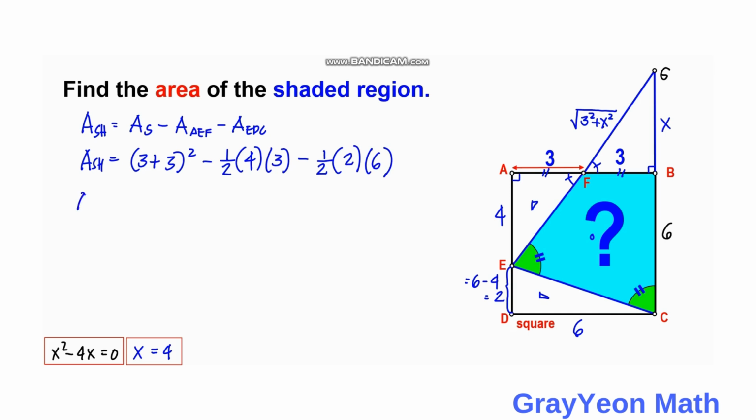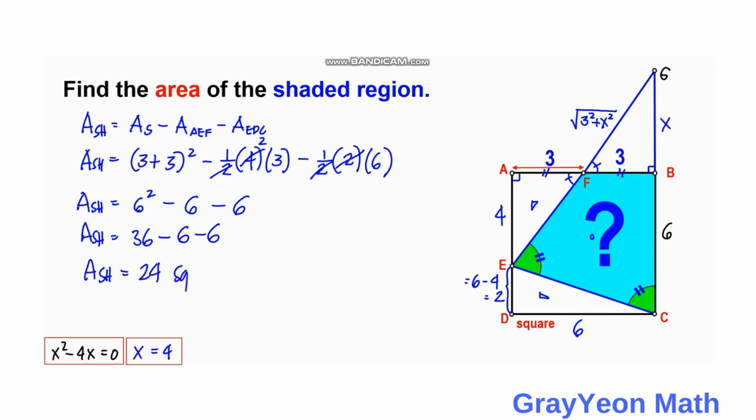So this becomes 6 squared minus 6 minus 6. So the area of the shaded region is 36 minus 6 minus 6, and that gives us an area of 24 square units for our first method.